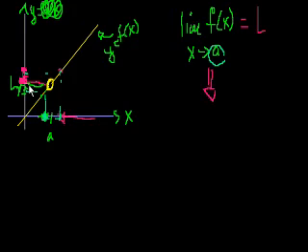It could be viewed as a little game. Let's say you say, okay, Sal, I don't believe you. I want to see whether f of x can get within 0.5 of L. So you give me 0.5, and you say, by this definition, you should always be able to give me a range around a that'll get f of x within 0.5 of L. So the values of f of x are always going to be right in this range right there.